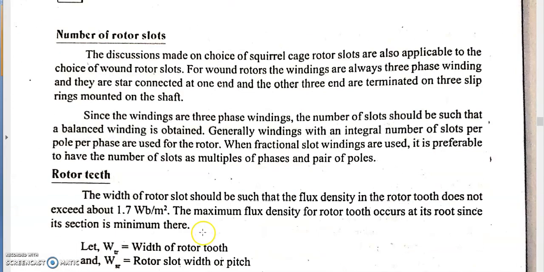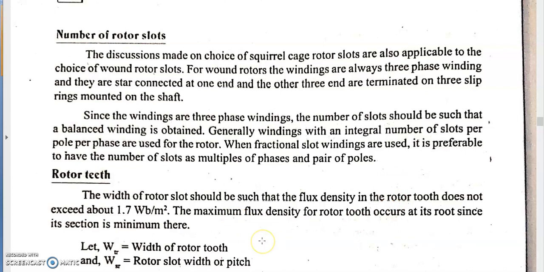The number of rotor slots, we have already discussed how to calculate it in the squirrel cage induction motor. The same is applicable to the slip ring induction motor also. Selection of the number of rotor slots, we have already discussed for the squirrel cage induction motor: it should not be equal to 0, it should not be equal to plus or minus 1, plus or minus 2, plus or minus P, plus or minus 2P, like that.